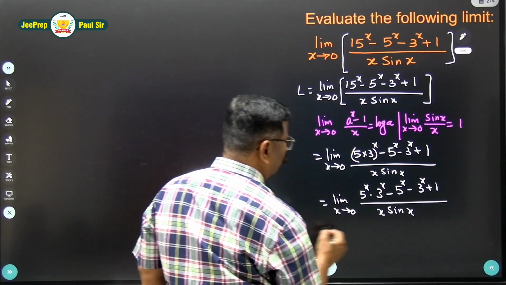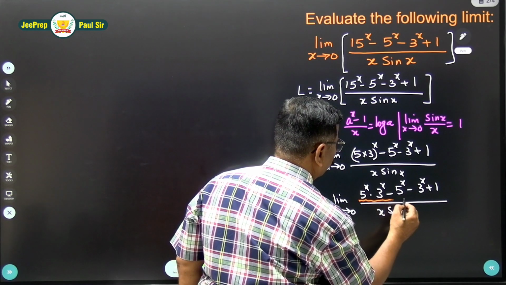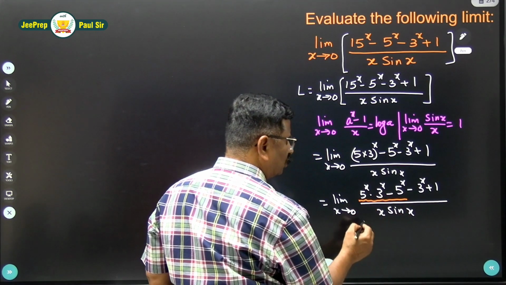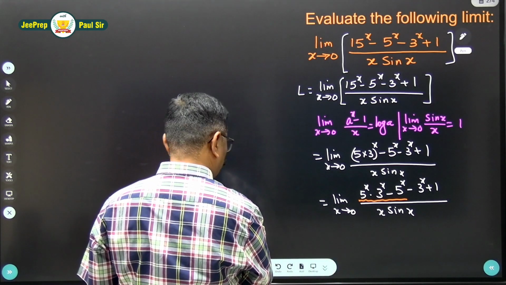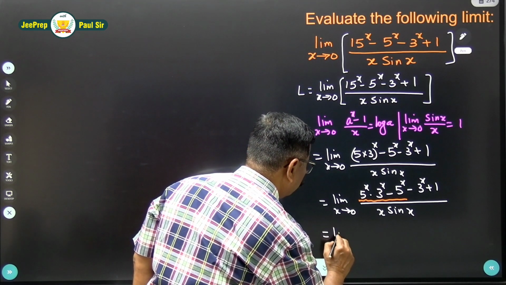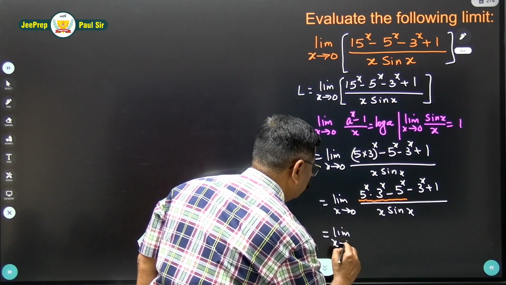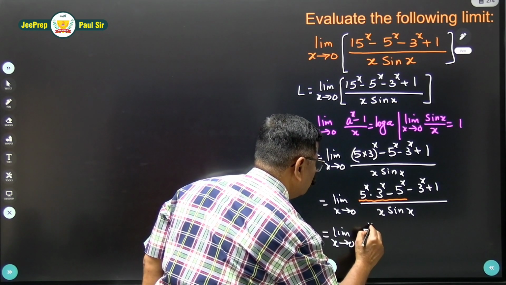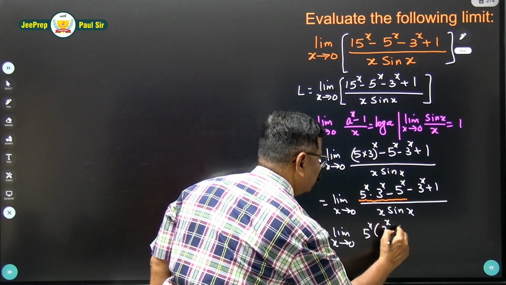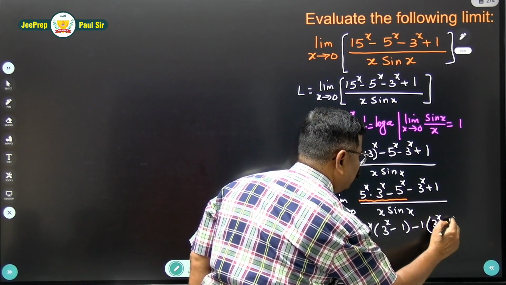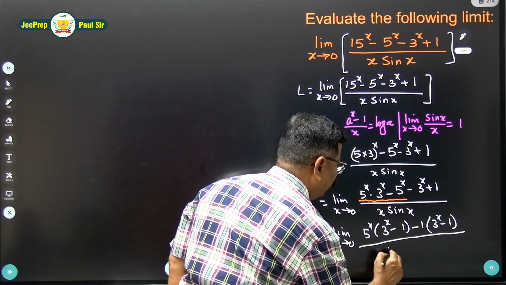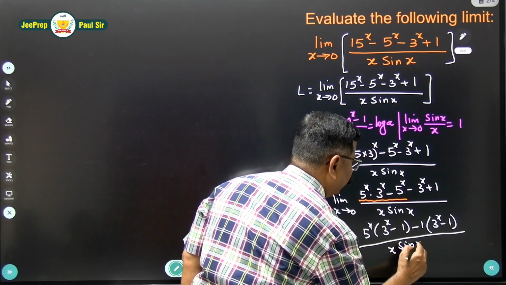Now what we can do, we can take 5 raised to x common from the first two terms and minus 1 common from the other two terms. So I will get here limit x tends to 0, 5 raised to x into (3 raised to x minus 1) minus 1 into (3 raised to x minus 1), whole divided by x sin x.